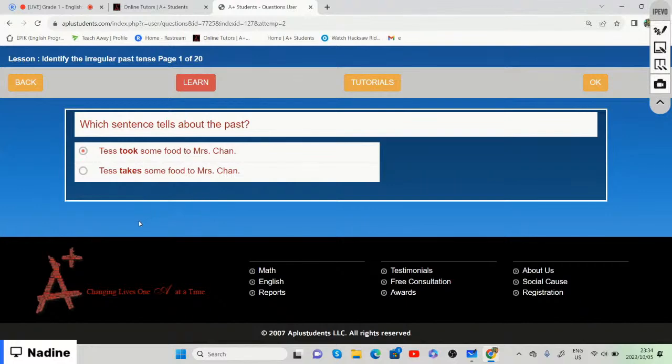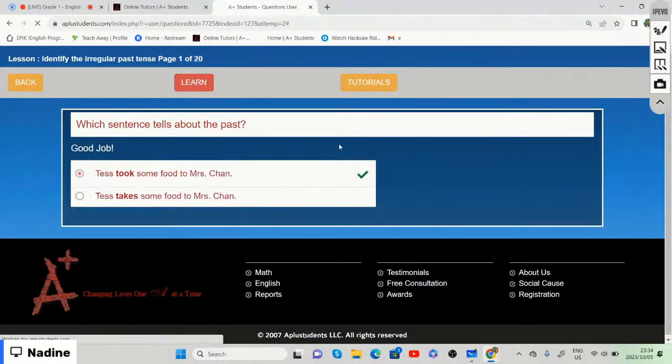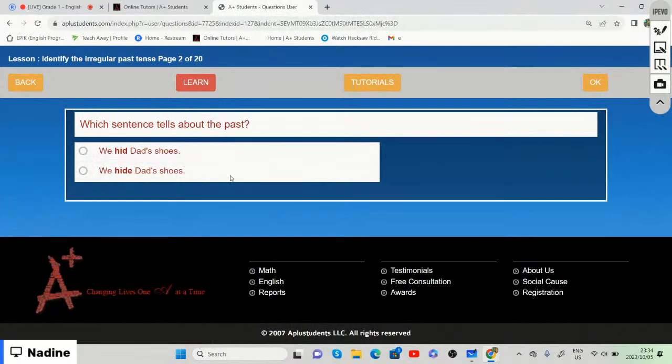Tess took some food to Mrs. Chan. It's took because if it's takes, then it means that it is now. But took is in the past. So took. And if you also said took, then well done. It is correct.